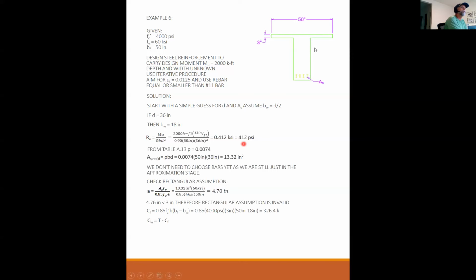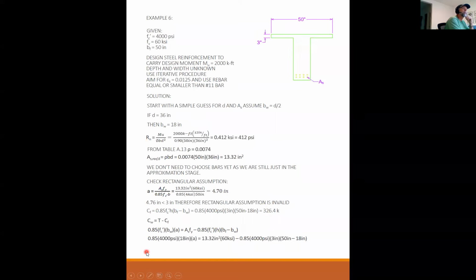So C_w, the rest of the compression, is equal to the tension minus the compression in the flange. So I've got 0.85 f'c b_w times a, that's my force in the compression in the web, equals T, which is A_s f_y, minus the force in the flange. I could have plugged this in here, but I just re-input it.